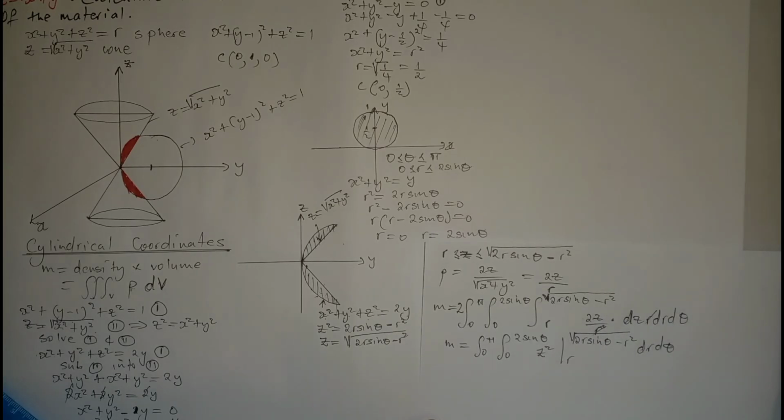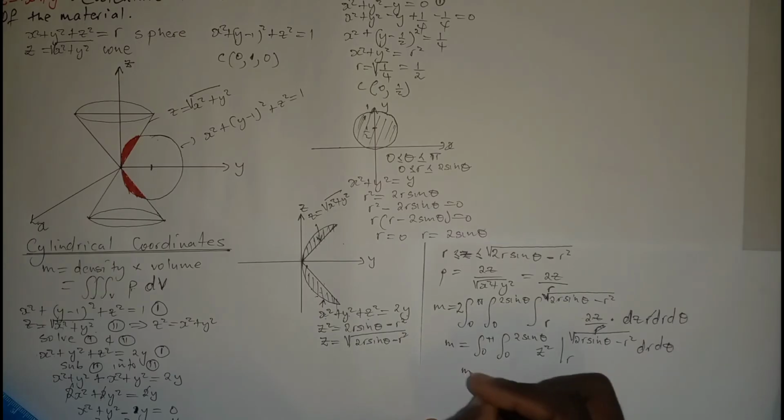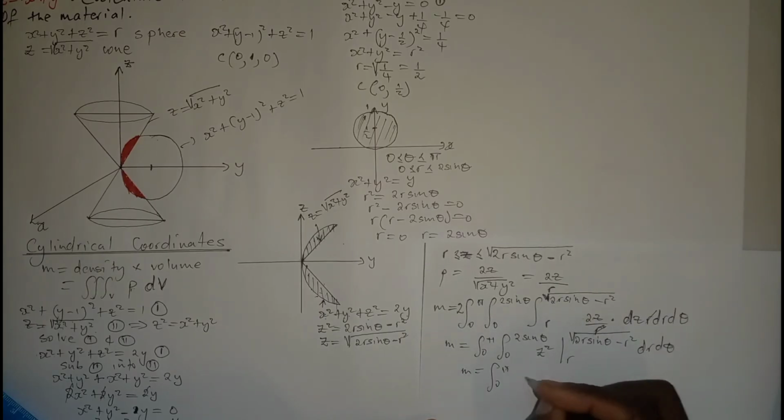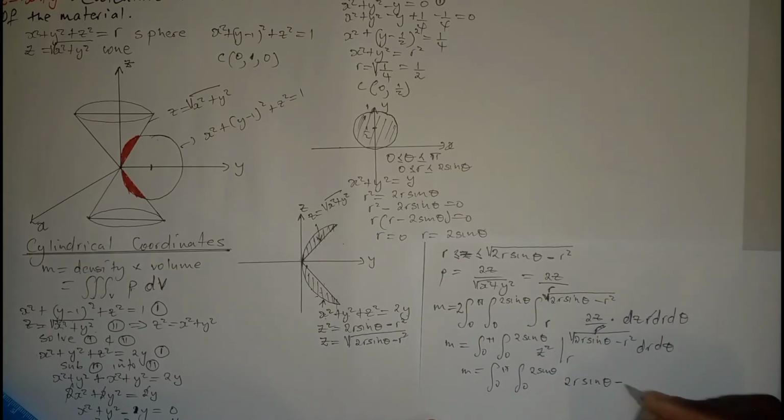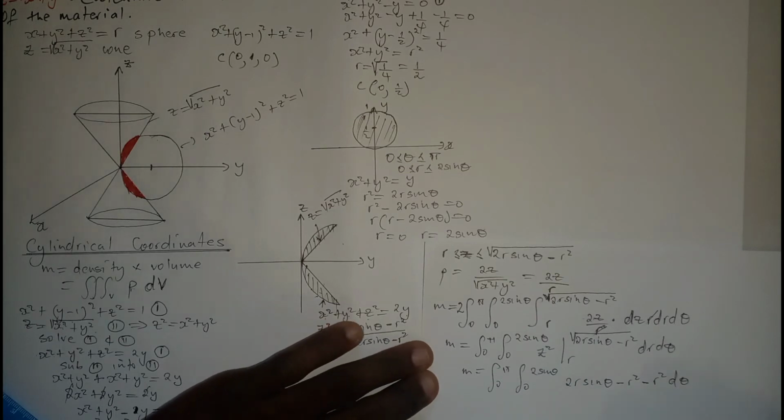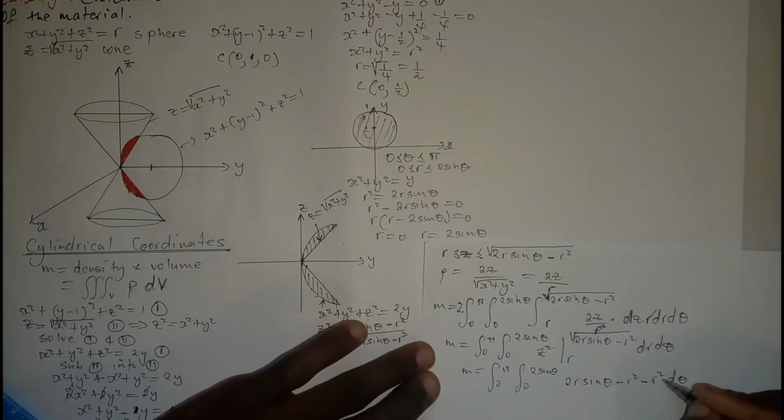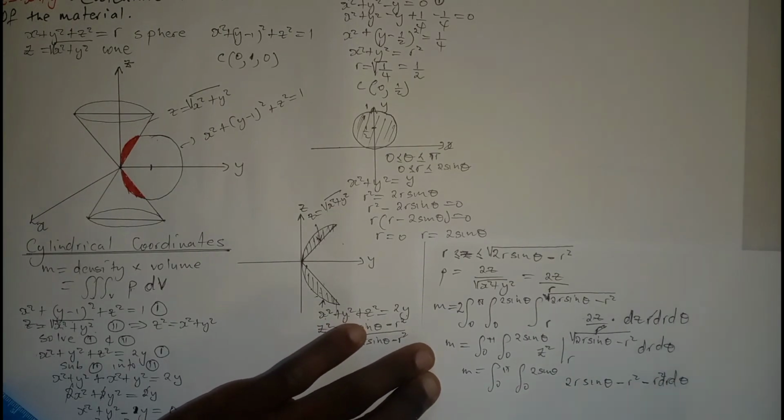If you square a square root, you get what is inside the square root. So from here the mass is from 0 to pi, 0 to 2 sine theta, and we have 2r sine theta minus r squared, and as the lower bound you have negative r squared, and we're going to have dr, forgotten dr, d theta.